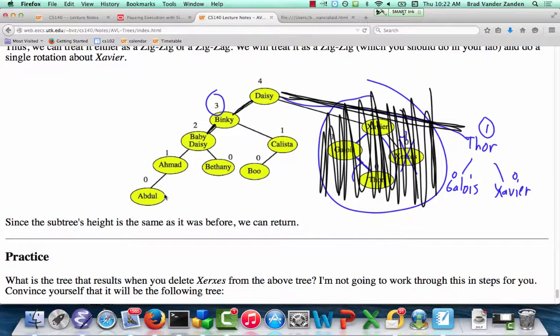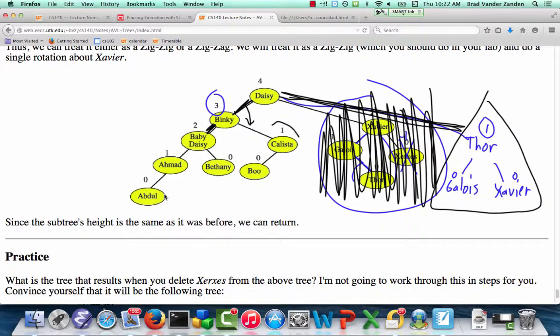Therefore, what we have is a zig-zig situation, and we rebalance by rotating about the child of Daisy, which is Binky. So we're going to rotate about Binky, which means that Daisy's going to come down and become a right child. Daisy's going to hold on to Thor as her right subtree.